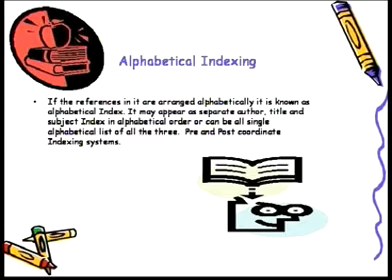Alphabetical indexing: in alphabetical indexing, references are arranged alphabetically. It is known as an alphabetical index. It may appear as separate author, title and subject indexes in alphabetical order, or as a single alphabetical list of all the three.